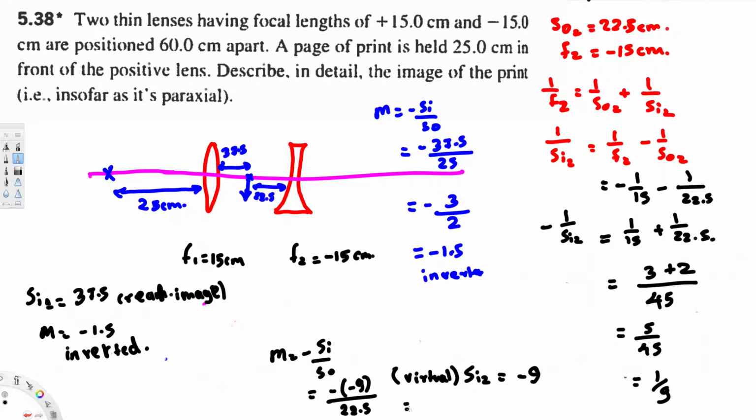So 9 is 2 times 4.5, and 22.5 is 5 times 4.5. So 2 divided by 5, which is the same as 4 divided by 10, that's going to be 0.4. And since we are getting a positive magnification, this means the image is upright.